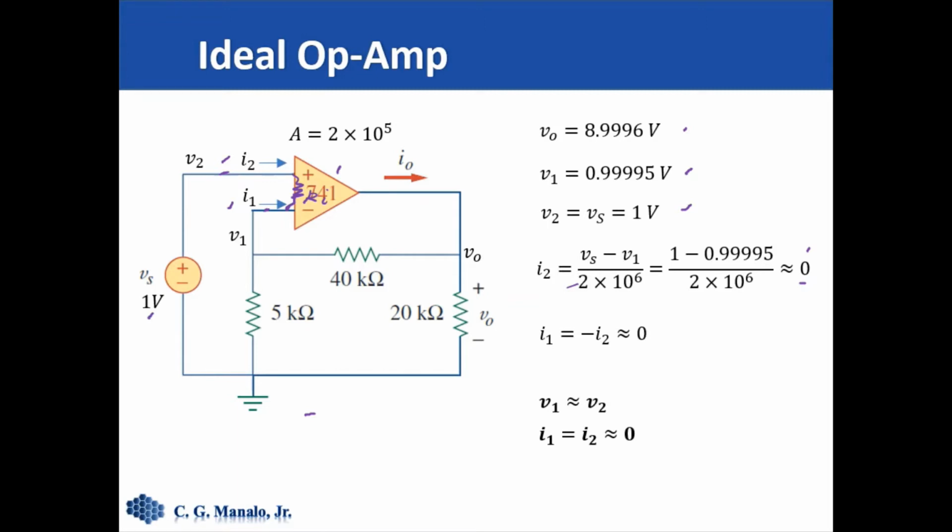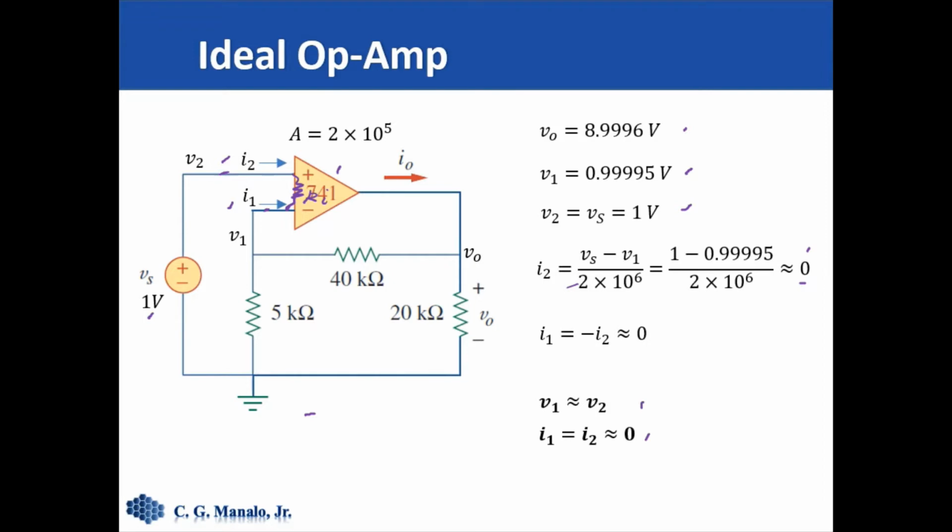The op-amp makes the potential voltages of the inverting and non-inverting terminal almost the same, while making the currents entering those terminals equal to 0.